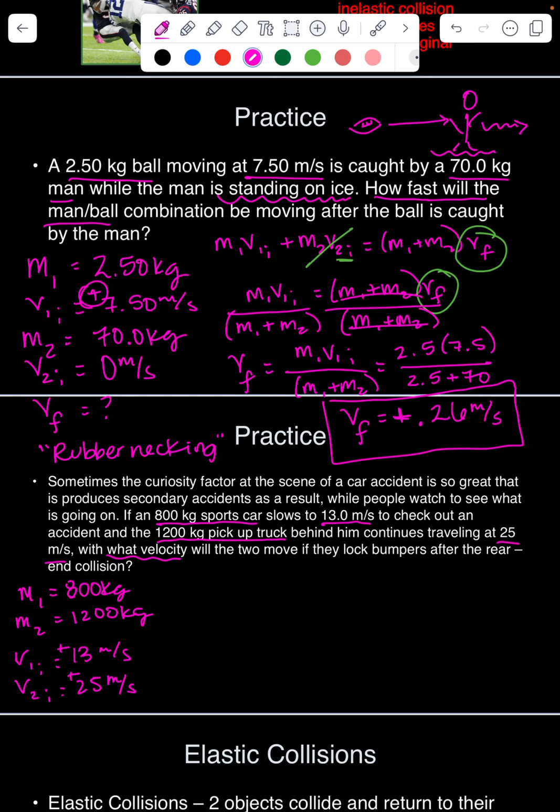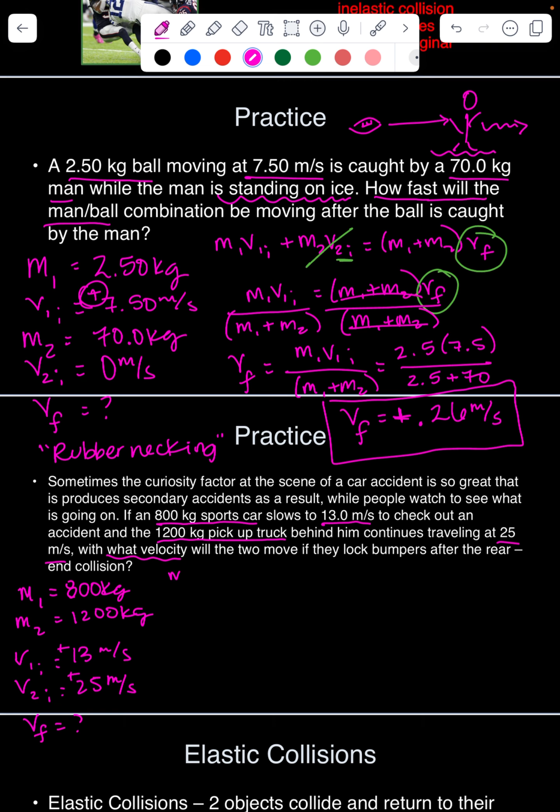Both of them are traveling in the positive direction, we're assuming. After they collide, they are going to move together as one, and it's that final velocity that I've asked you to solve for here.